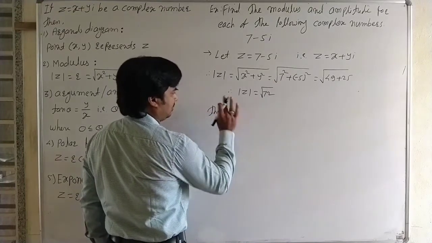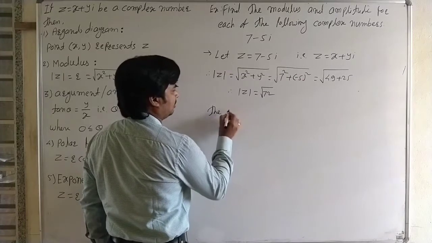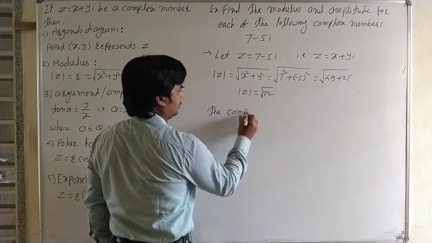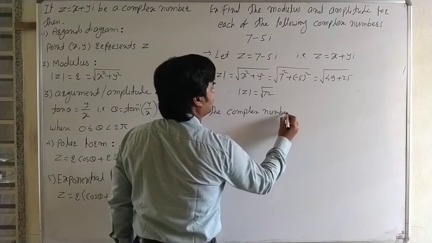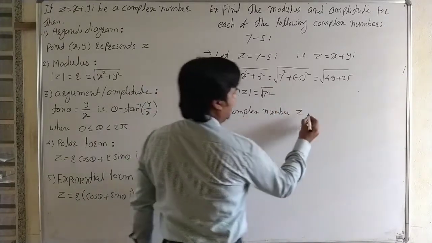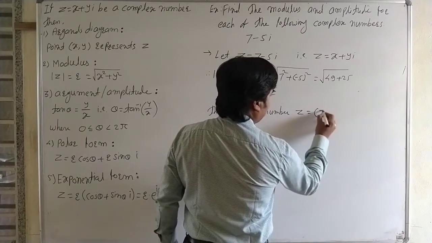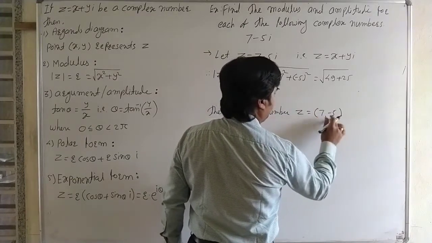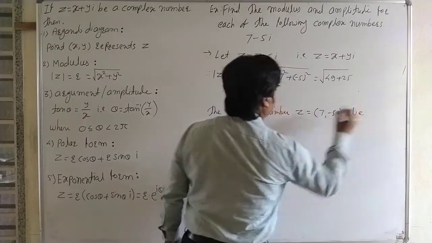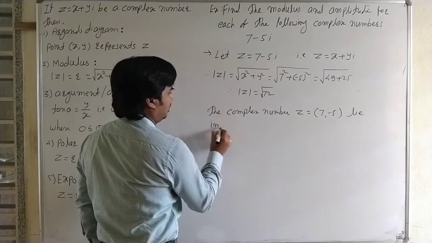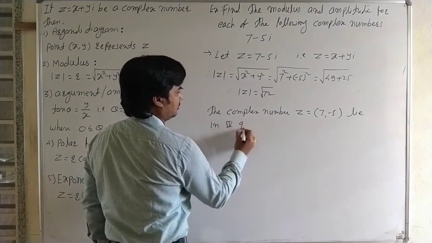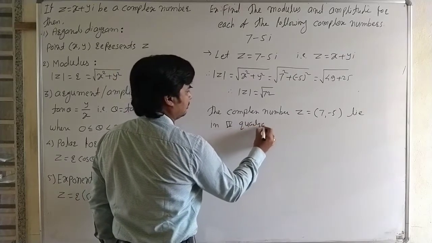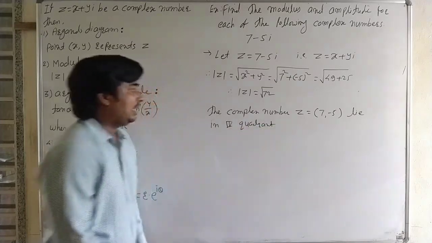Here the complex number z, represented as a point, is 7 comma minus 5, lie in the fourth quadrant.